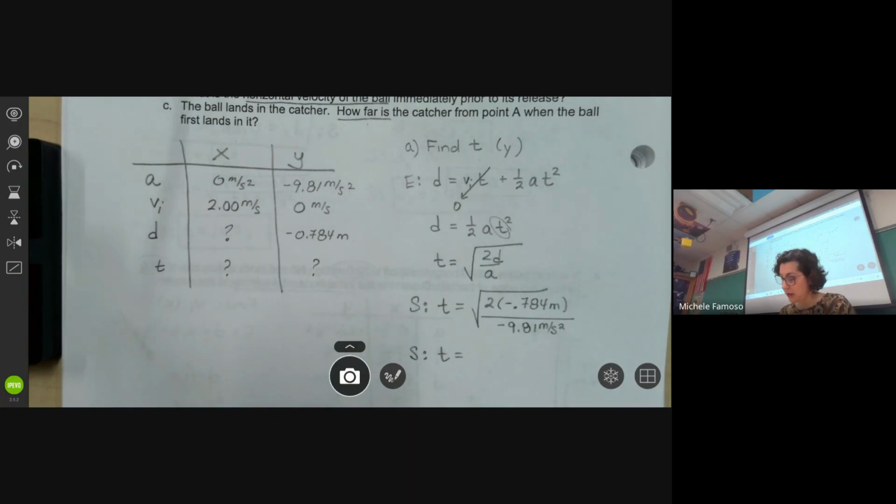Devin, can you tell me what you get for that time with the 3 sig figs that we need? Okay, so what's the digit after that last 9? So what do you have to do? Look at, round up. So it's not 0.399. What is it?